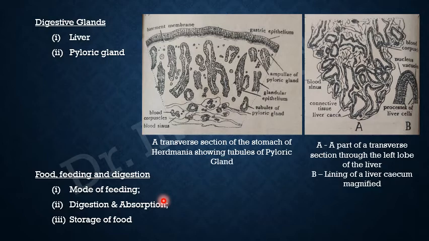You know the structure of starch granules. In Herdmania, these granules are abundantly found in the walls of esophagus, stomach and liver. In some ascidians, like Ciona, which lack a liver, the excess food is stored in the form of glycogen. So this finishes the food, feeding and digestion.